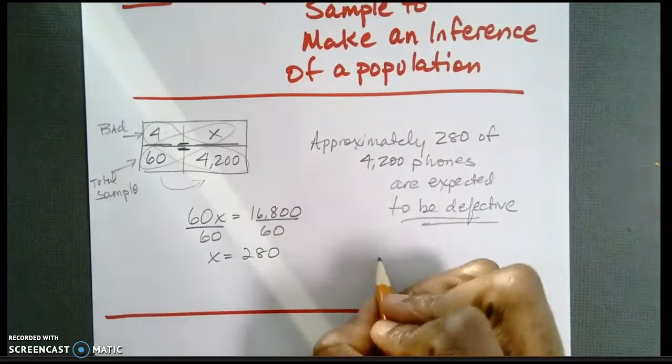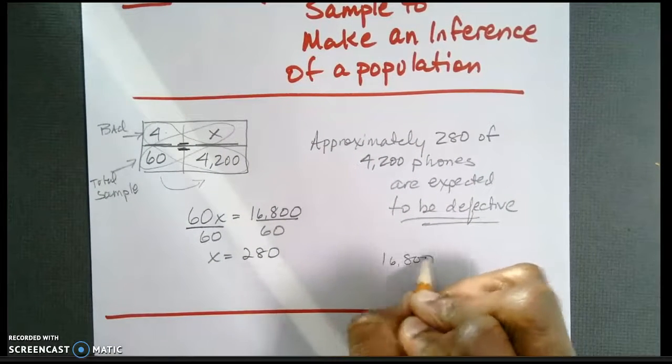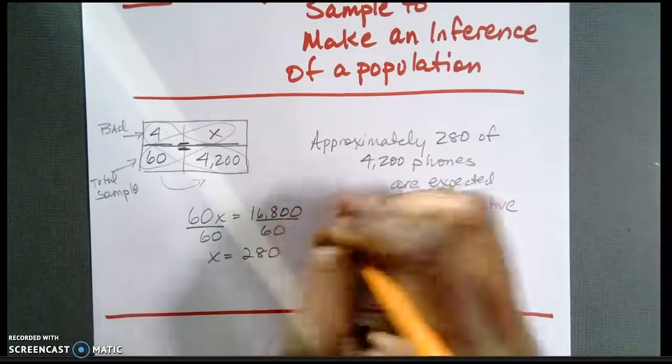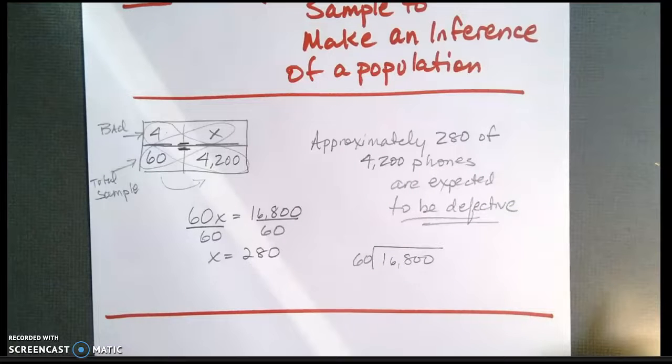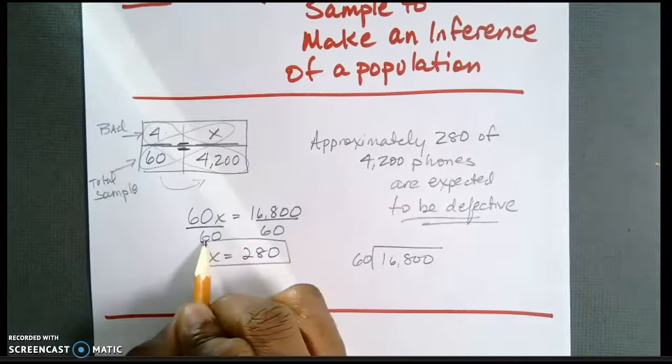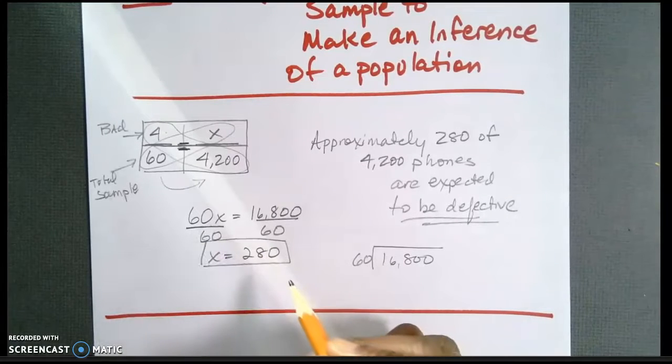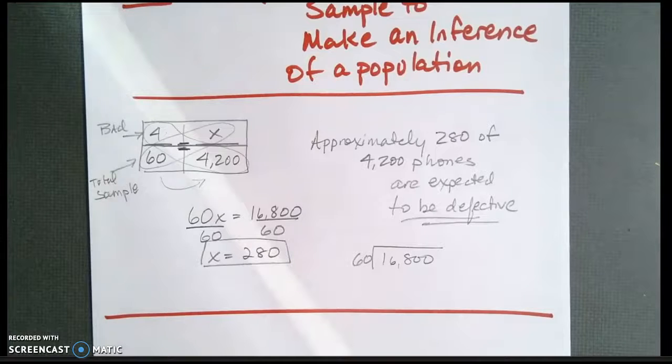All that I did here was take 16,800 and divide that by 60. If you want a shortcut, you can cross-simplify some of those zeros, which makes it a little easier to divide. But the check is that I could multiply 280 times 60, and that gives me 16,800. Whichever you'd like to do. That is what's expected of that greater population.